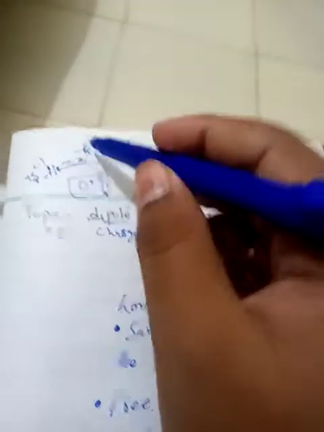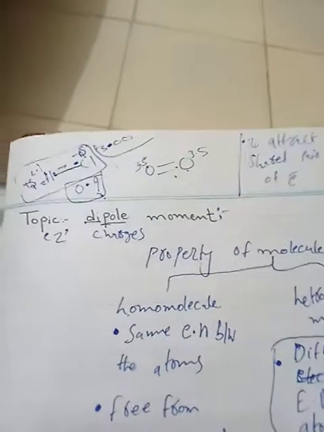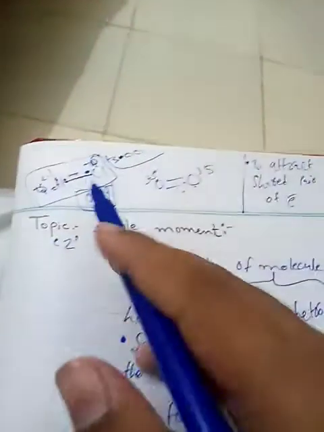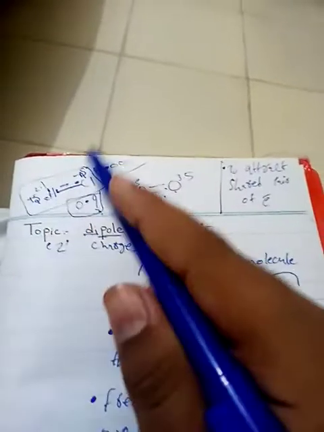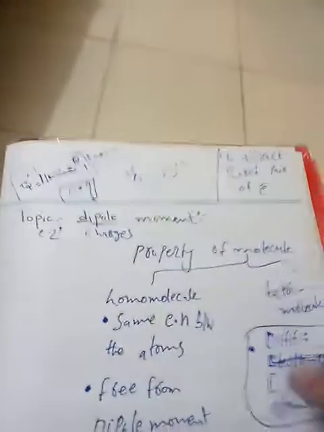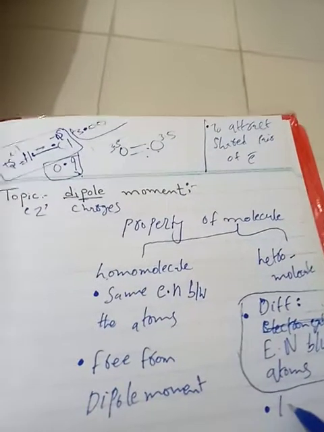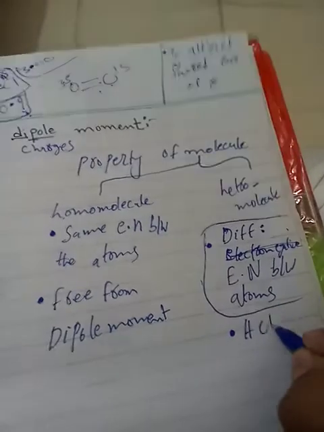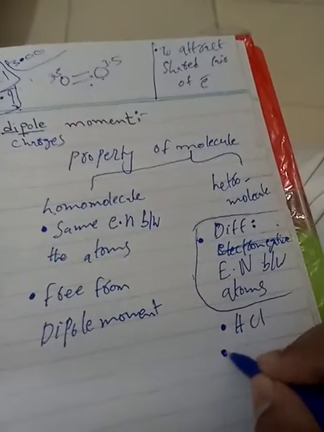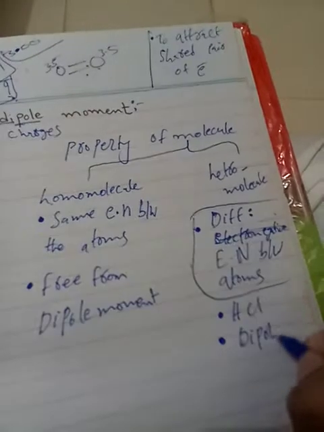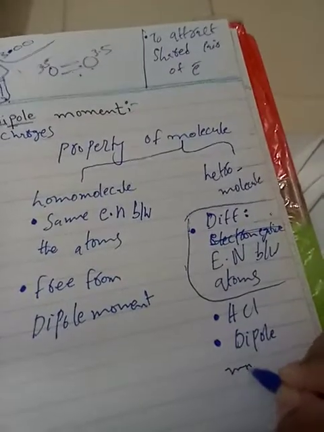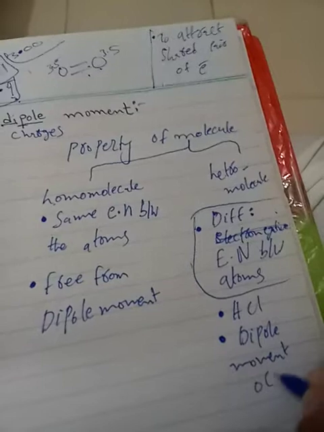So this is considered a heteromolecule, having different electronegativity. An example of heteromolecule is HCl, and dipole moment occurs.